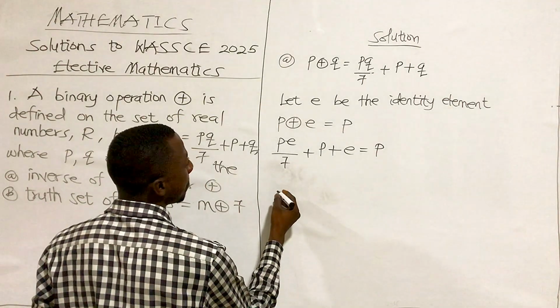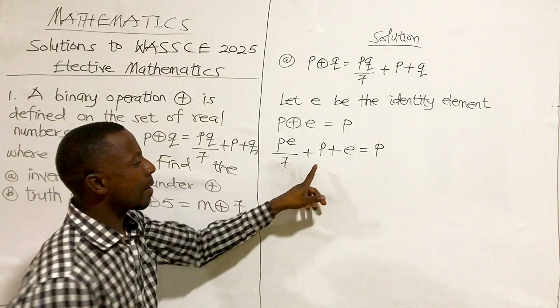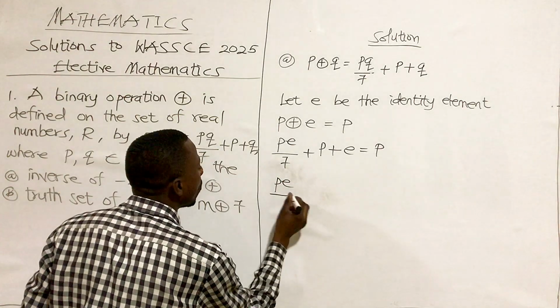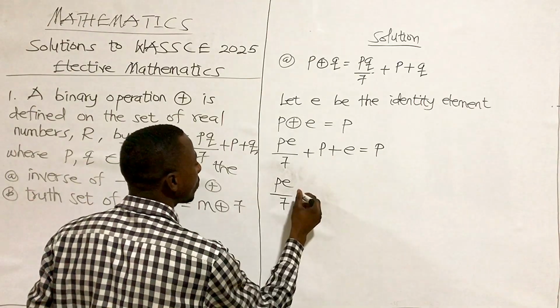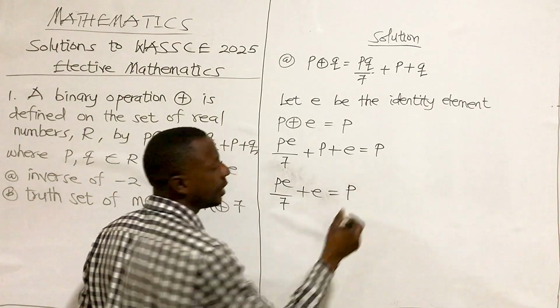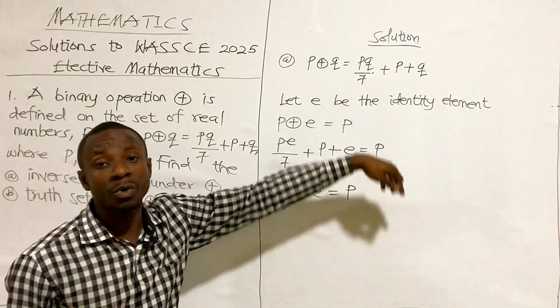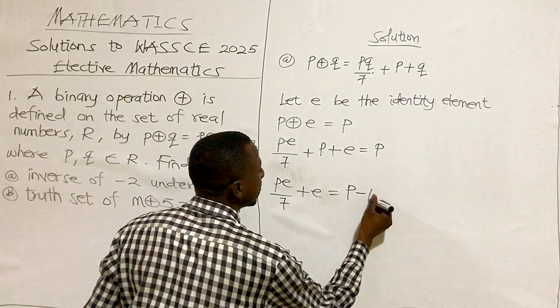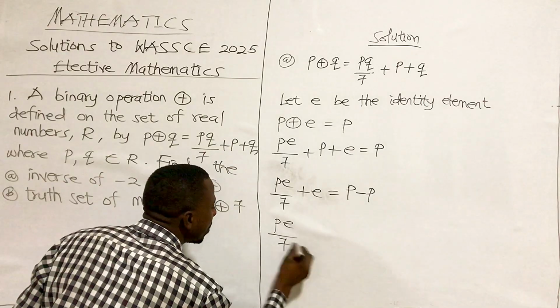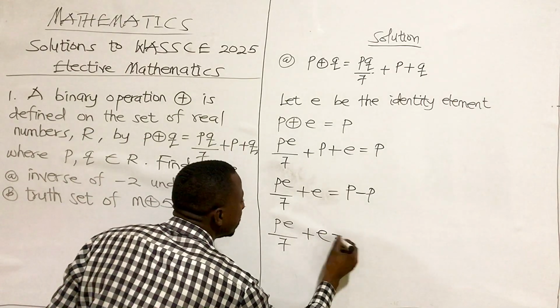So from here, I am going to group like terms. So I have PE over 7 plus E is equal to P. Then when this P goes over, we have minus P. So now we get PE over 7 plus E is equal to 0.